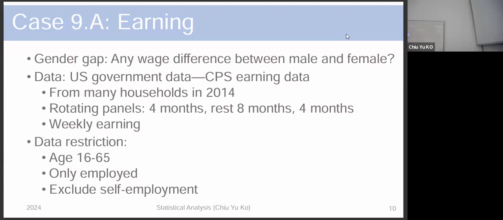The first thing we do is age restriction. We want to limit to the people who are actually working, and only include people who are actually employed, right? And exclude those who are self-employed, because for the self-employed, the gap is not about discrimination. So this is the reason why we focus on this data restriction.